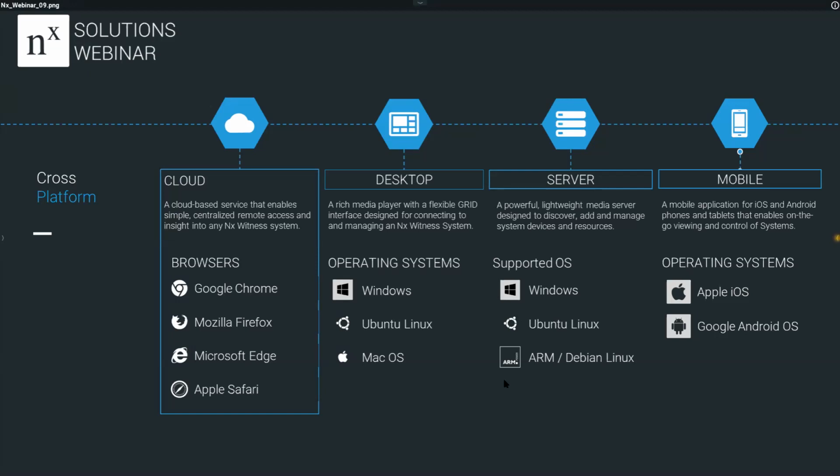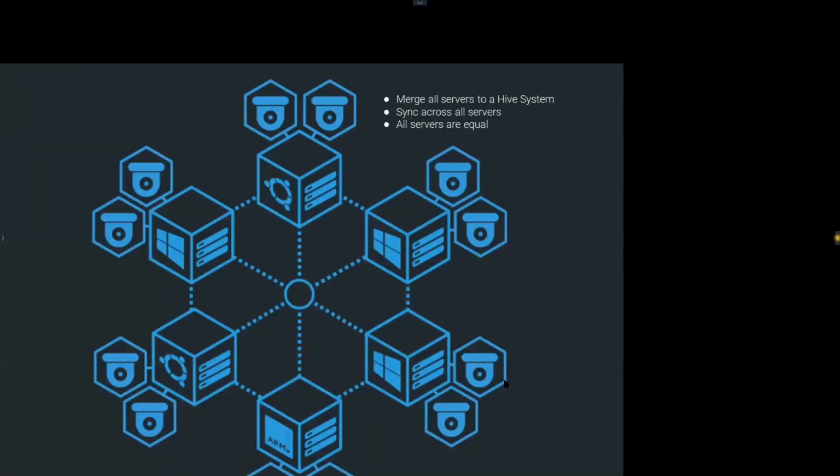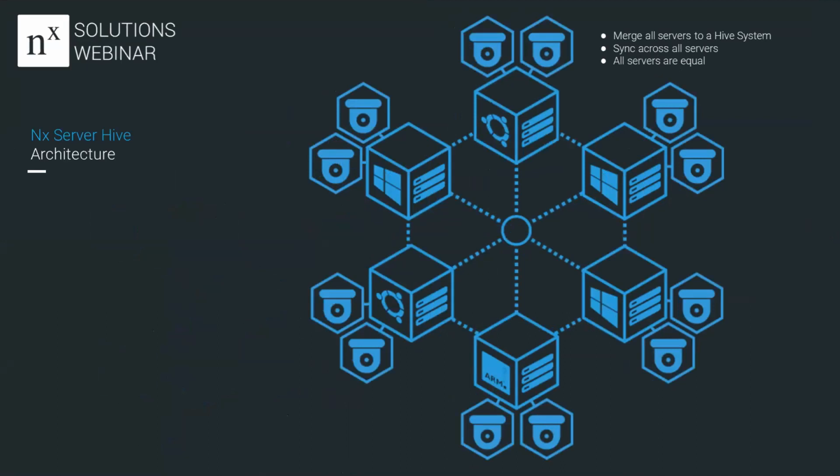Okay, next, let me introduce the Hive. I can say that Hive is like a key function, key structure in Nx Witness. With Hive, you can easily manage all your servers. For example, I have 6 servers here, right?